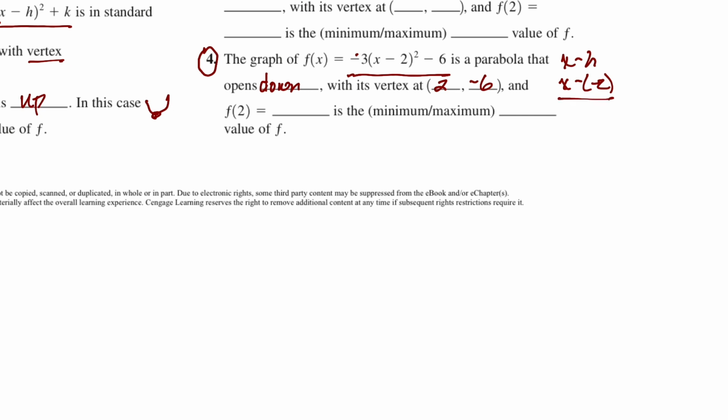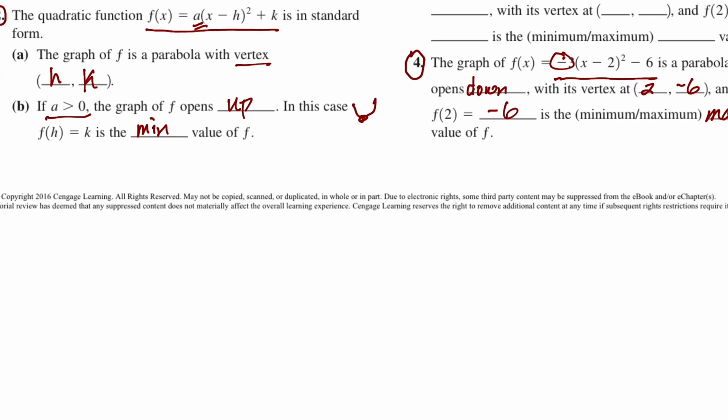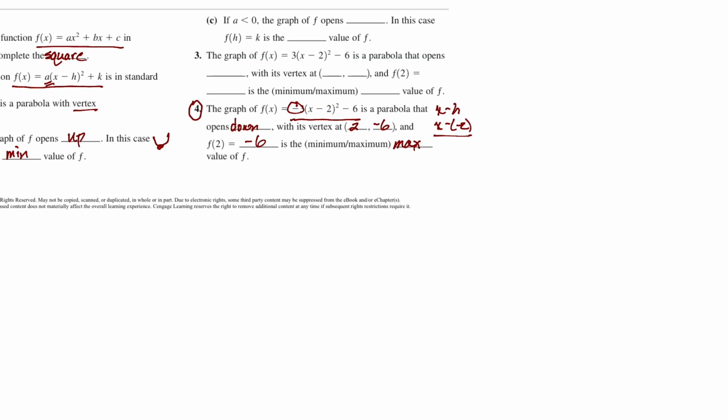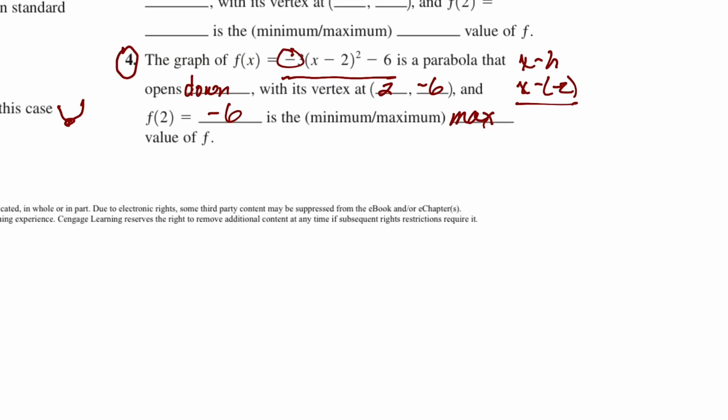And f of 2, let's see, what would that be? At 2, y would have to be -6. And it opens down, so it must be a max. All right. So we did a conceptual one with 2, and then an actual one with number 4. Good there? All right, let's do one ourselves.